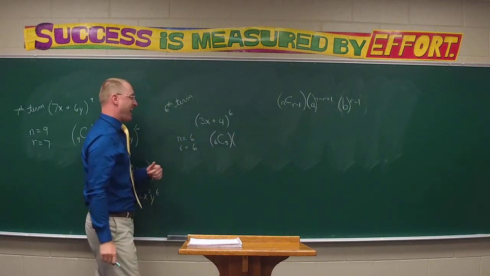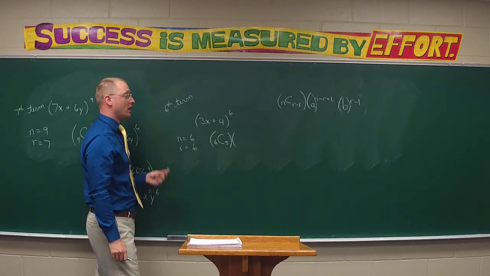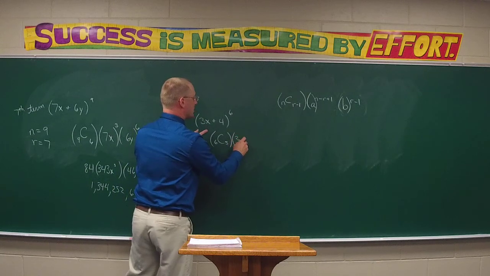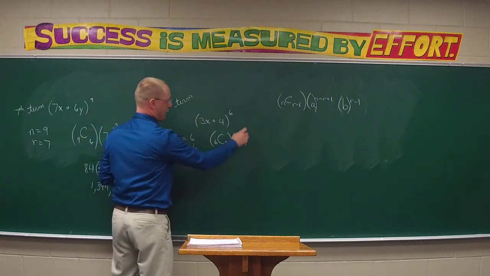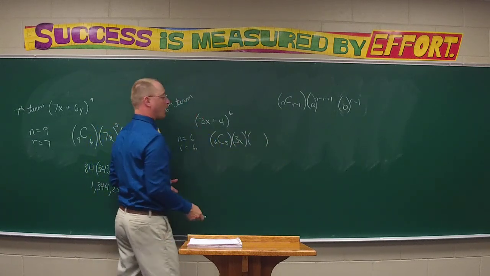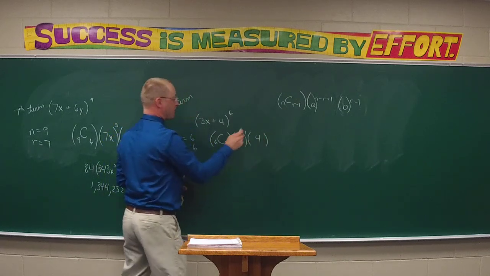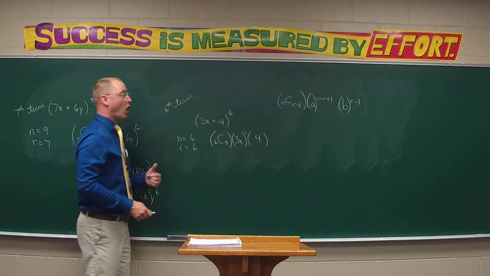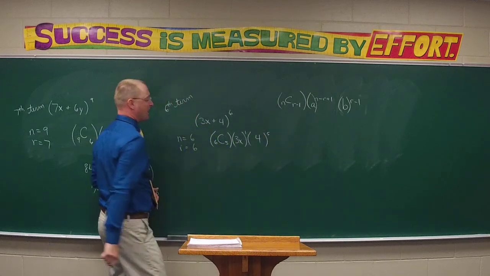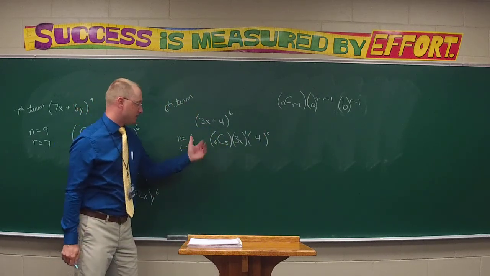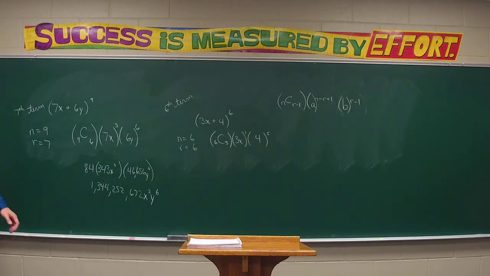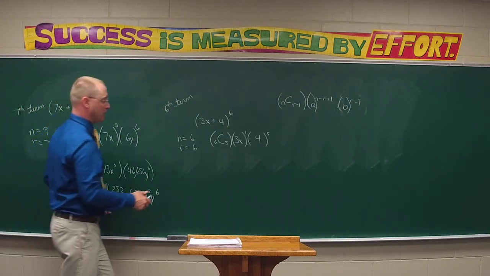All right, then we're going to take our a term, which class our a is the 3x, and we're going to raise it to the first power. That's easy enough. Then we're going to take our positive 4, we'll just say 4 for now, raise it to the r minus 1, which is the 5th power. So really, the 6c5, that just comes to a 6, I believe.